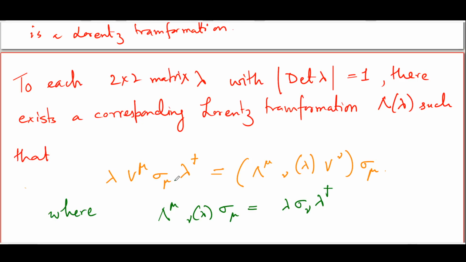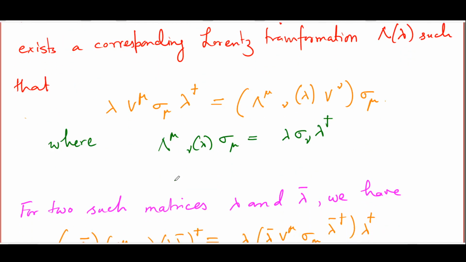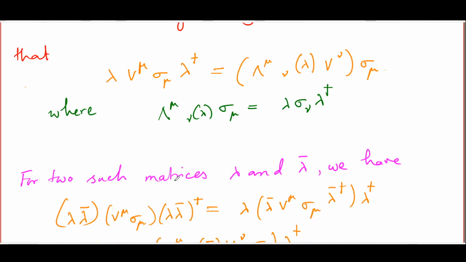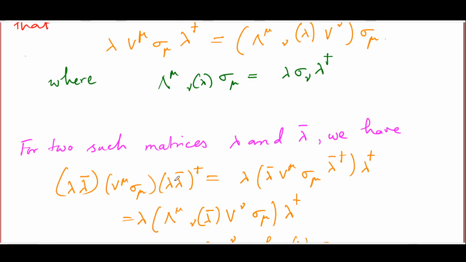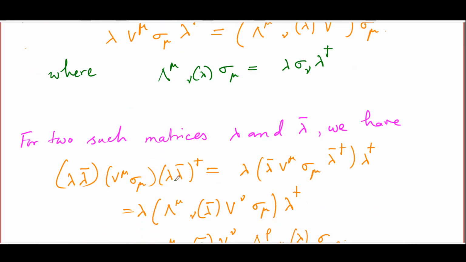Not only does this give us a map between the 2x2 matrices with unit phase determinants and Lorentz transformation matrices on the one hand, it actually gives us a map which preserves the group composition properties, in the sense that if you consider two such matrices, lambda and lambda bar, we can easily show that the corresponding transformation which happens because of the product matrix lambda lambda bar induces the product Lorentz transformation.